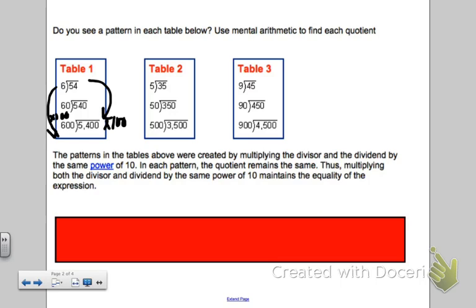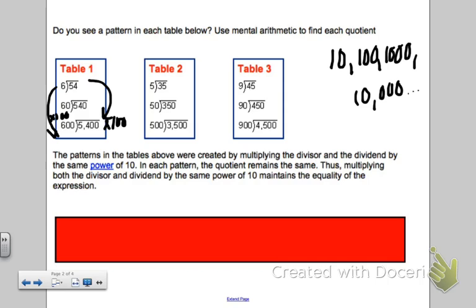Now we have 5,400 divided by 600. And even though we multiplied both the divisor and dividend by a power of 10, we still got the same quotient of 9. And you can see that pattern in table 2 and in table 3. If you're multiplying by a power of 10, and just to remind you, powers of 10 are 10, 100, 1,000, 10,000, you get the idea. By multiplying the divisor and the dividend by a power of 10, you're really not changing the problem. You're going to get the same quotient.